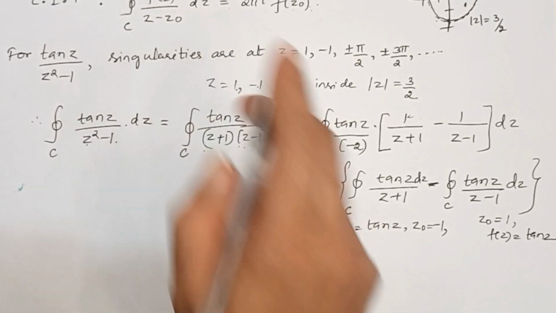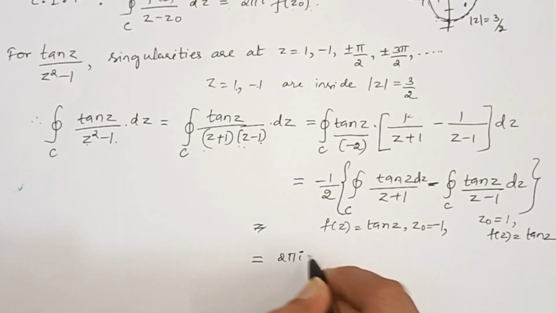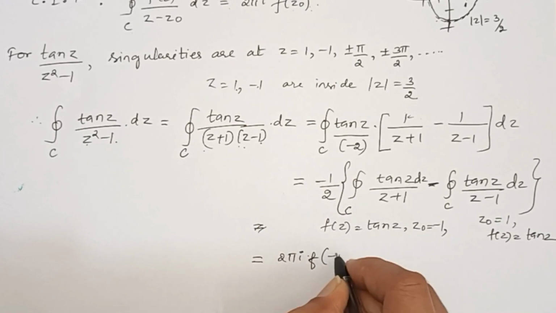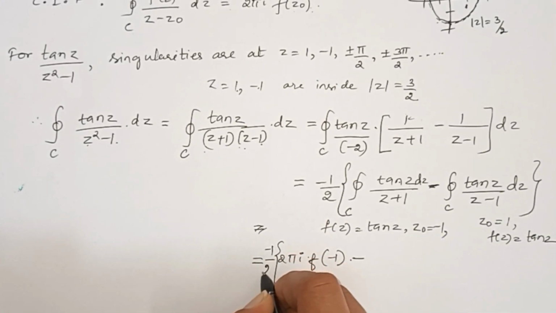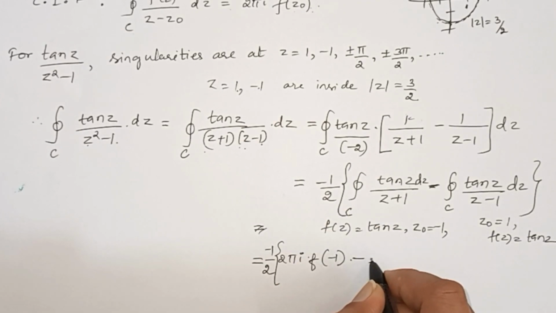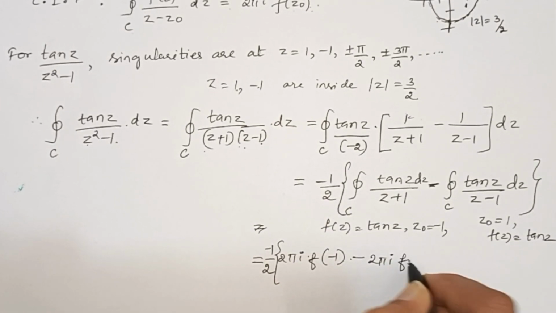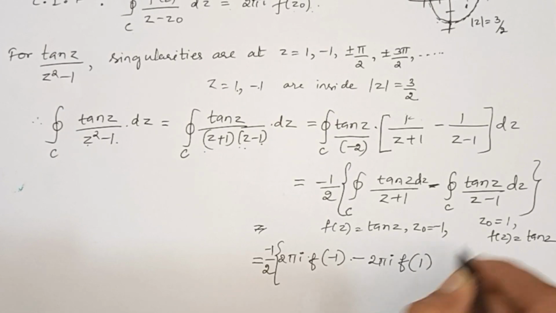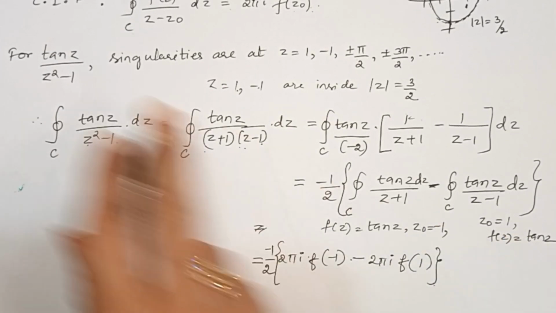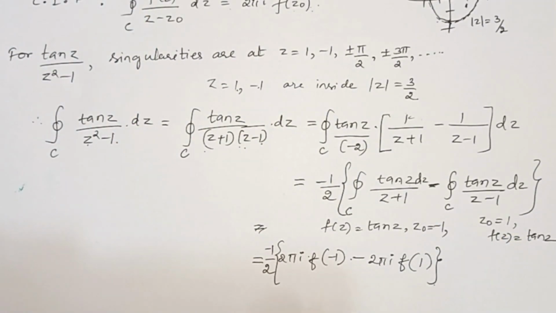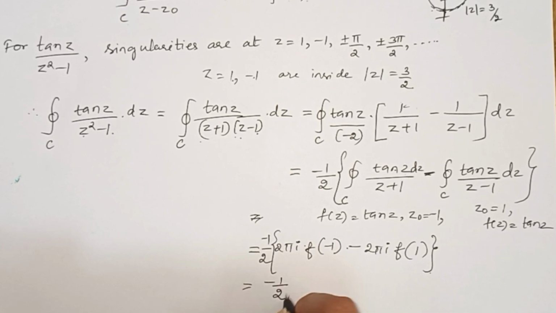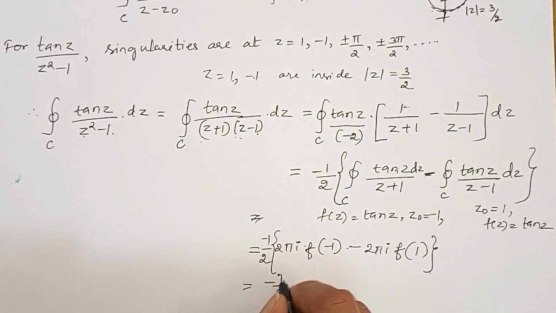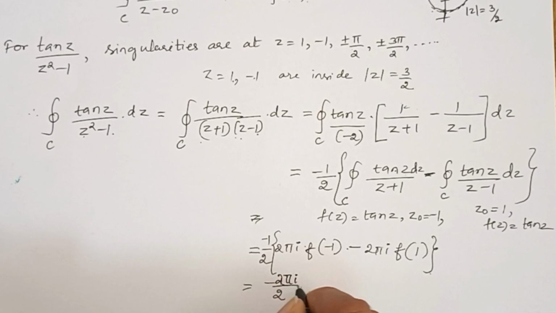This is equal to 2 pi I into f of z naught, which is minus 1, and minus 1 by 2 as it is, minus 2 pi I into f of 1, because z naught is 1 as per the given Cauchy integral formula. So this is equal to, let me simplify it further. This gives you minus 1 by 2, and 2 pi I can be taken outside.